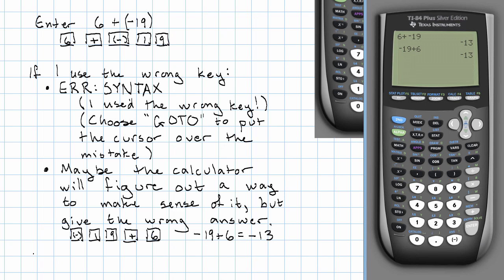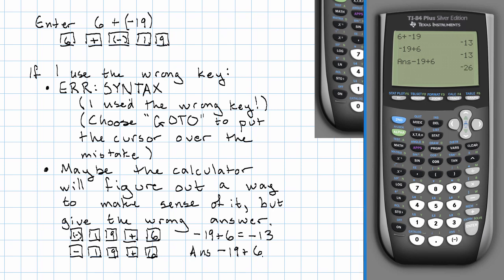On the other hand, if I enter subtraction sign 19 plus 6, the calculator inserts this ANS, and in this case my calculator says negative 26.